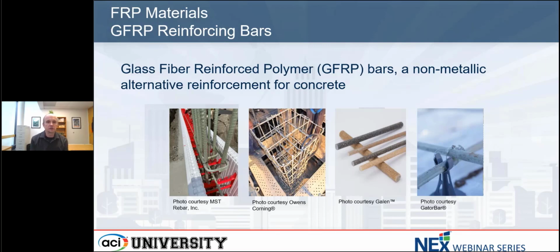But instead of steel, these are a non-metallic alternative. These are GFRP bars that are used in these applications. So they're used in a very similar fashion to steel, but materials themselves are quite a bit different. So that's really what we're going to talk about here today, is the use of these GFRP reinforcing bars as a way of reinforcing concrete in new construction.